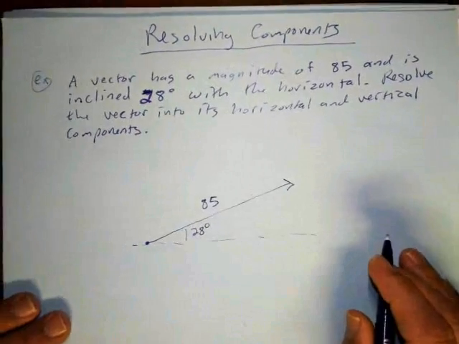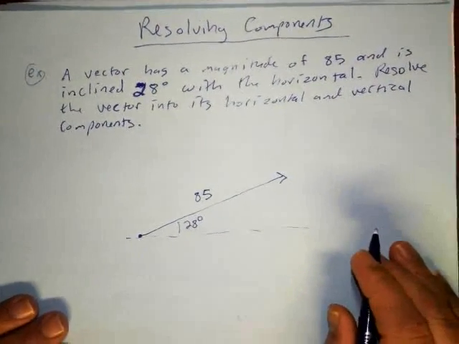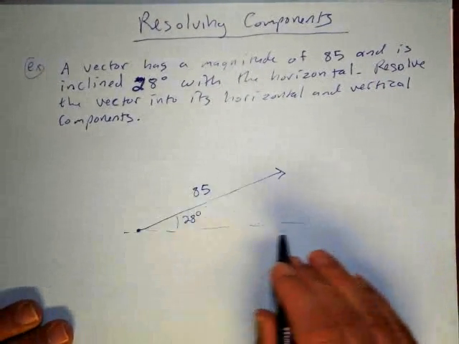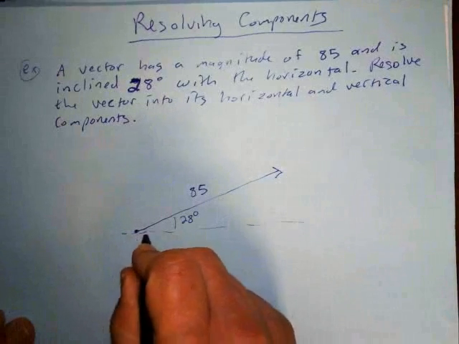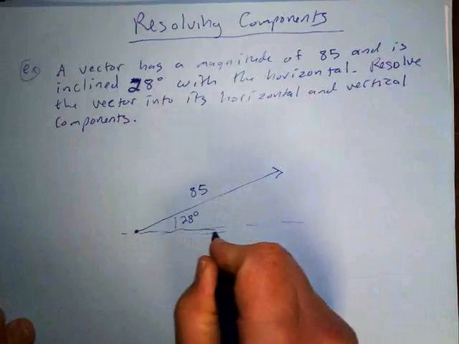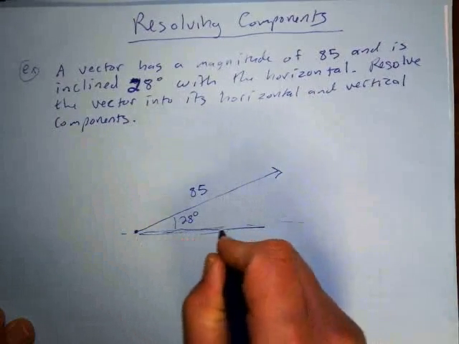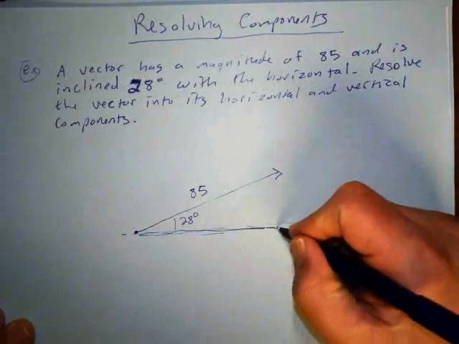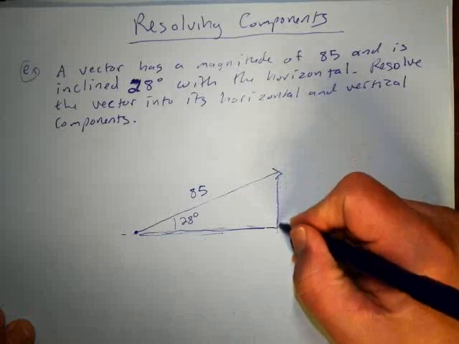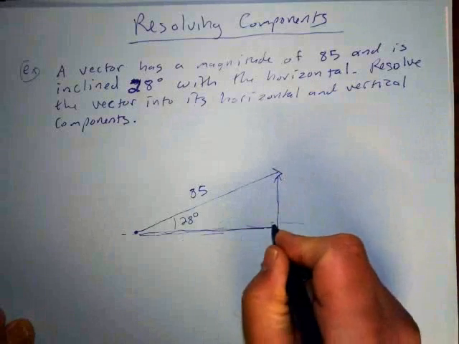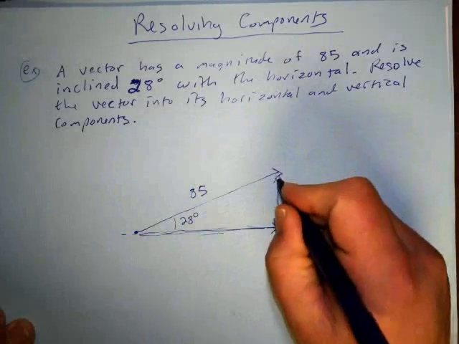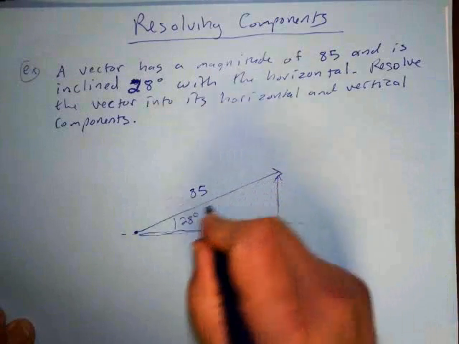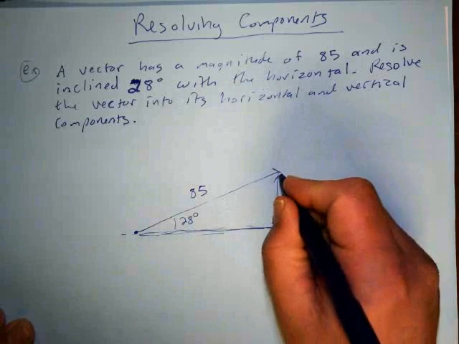What it means to resolve this vector into its horizontal and vertical components is that it's asking you to find this vector, its horizontal component, and then this vector, its vertical component. What are the horizontal vector and the vertical vector that, if you added the two together, would give you the vector here as a resultant vector?